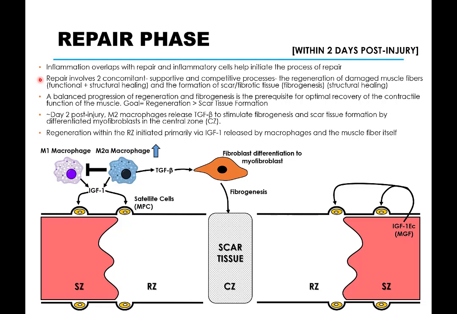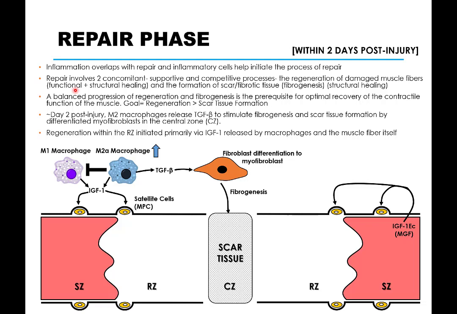Regeneration is described here as both functional and structural healing. It is functional healing because regeneration results in the restoration of muscle fiber function, which is to contract. During regeneration, all the elements within muscle fibers responsible for contraction are being rebuilt.